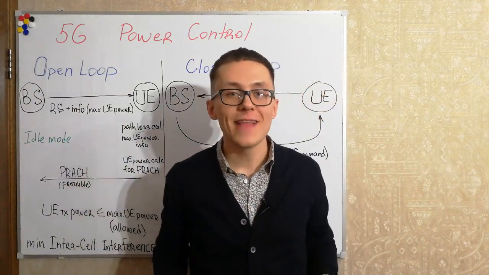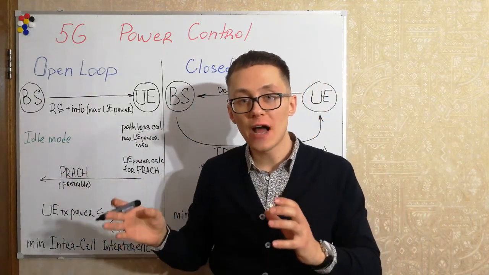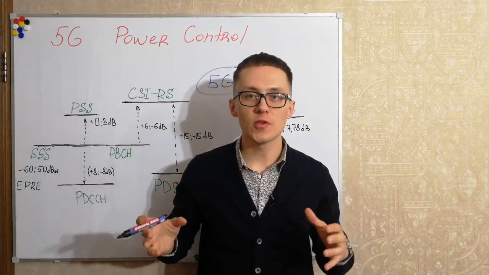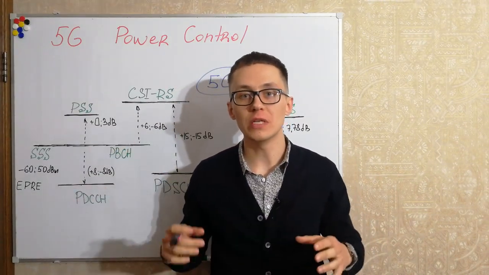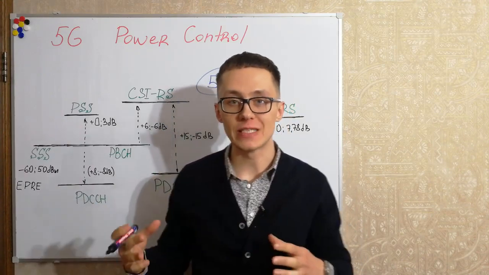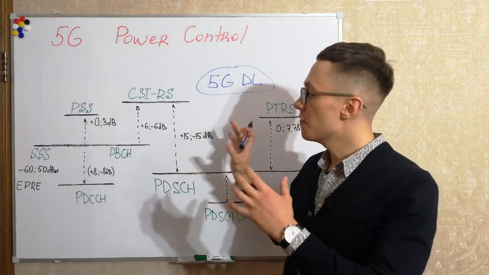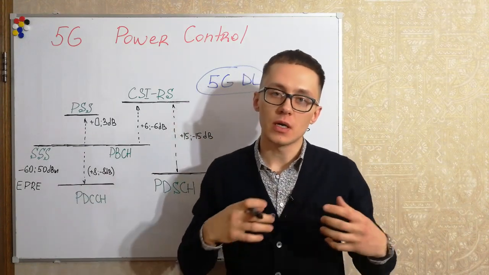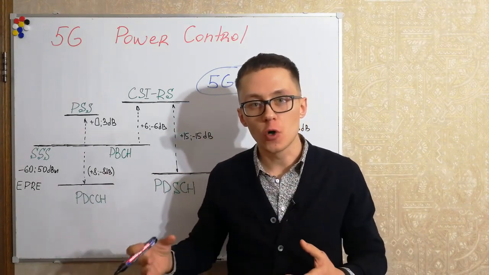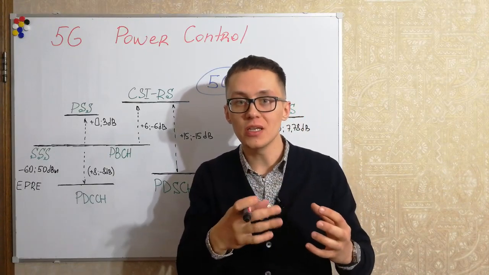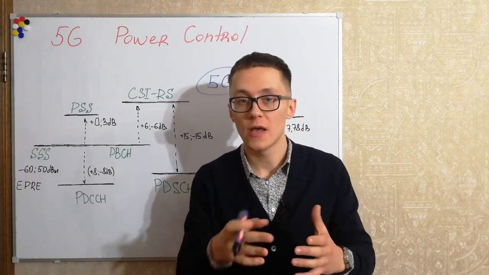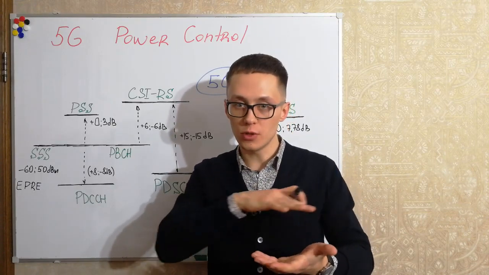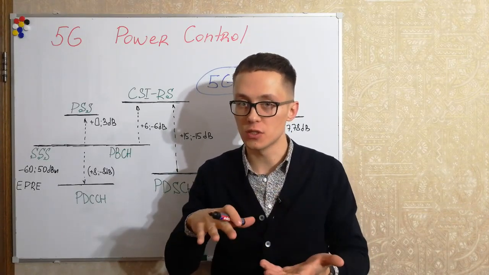Okay, and right now let's move to 5G downlink aspects. Let's talk about power control in downlink in the 5G system. Actually, there is no power control with feedback in the downlink direction, because the base station is just a single node that broadcasts signals to multiple users in different locations.